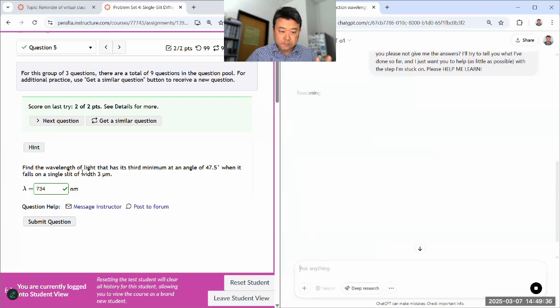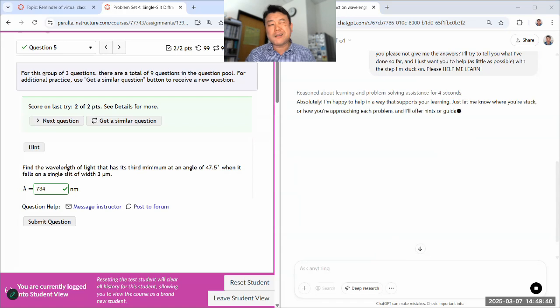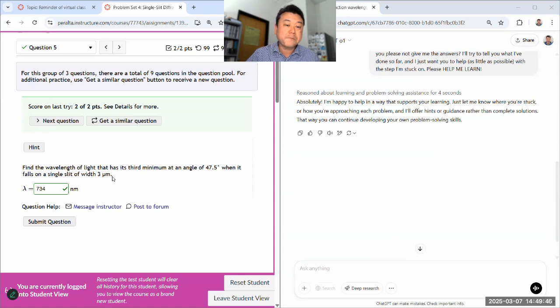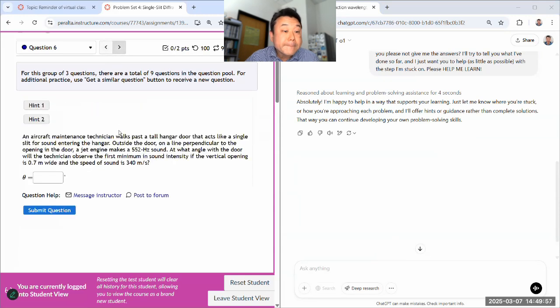Let me find a relatively substantial question in this set, and let me just stick with problem set 4. Problem set 5 is kind of short. A lot of the questions there are not all that substantial, so let me stay here and find one substantial question where I can imagine people making some mistakes and work through that with ChatGPT.